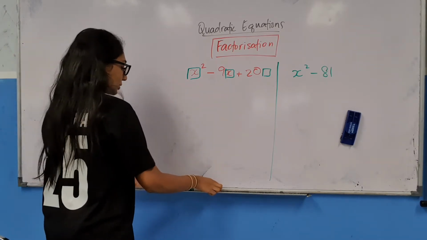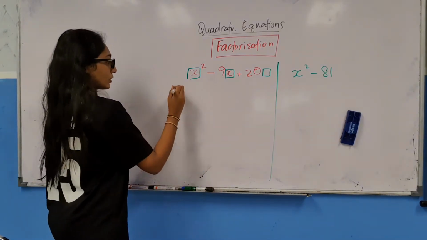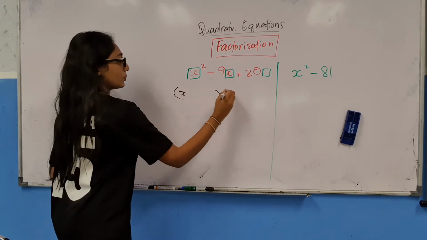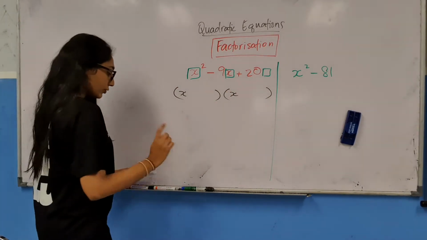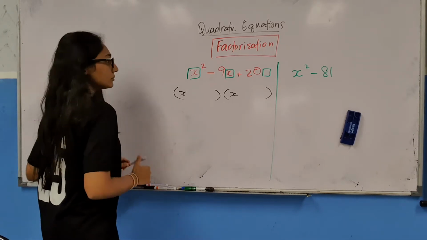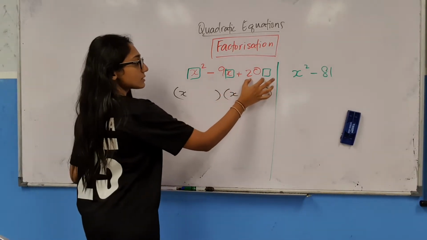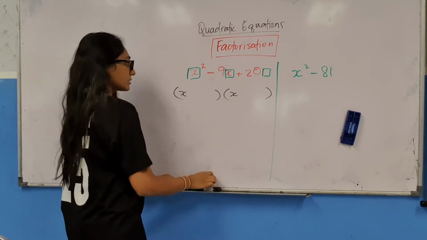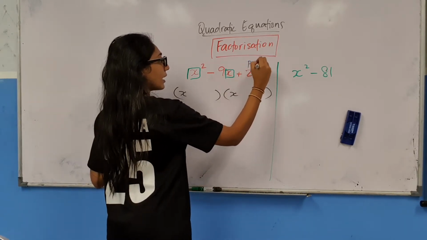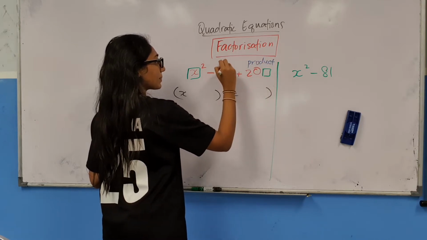Okay, so what I do is, you break it up like this, and then if you remember correctly, we look at this as a product and then we look at this as a sum.